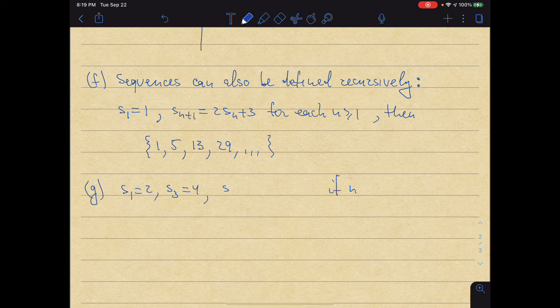Sn is equal to Sn minus 1 plus Sn minus 2 if n is greater or equal than 3.